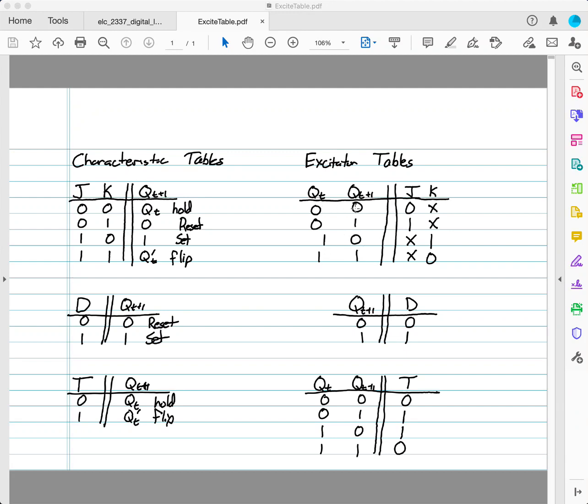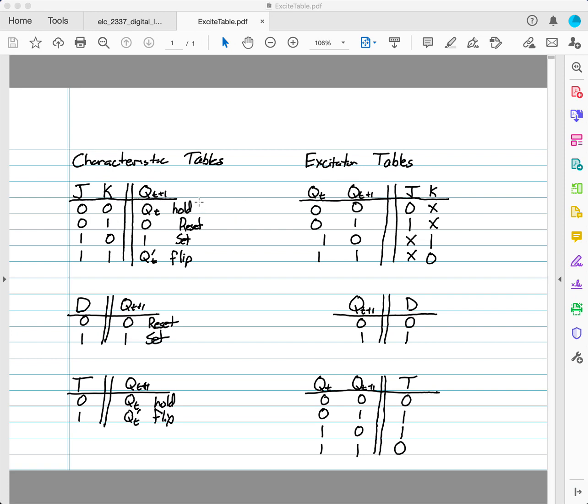Let's take a look at the first one, 0 to 0. If I'm going from 0 to 0, I could just hold my value, which would be J0, K0 as my options. But since my final answer is a 0, I could also just reset things. A reset just makes the next state 0. It doesn't matter what the current state is. And that's a J0, K1.